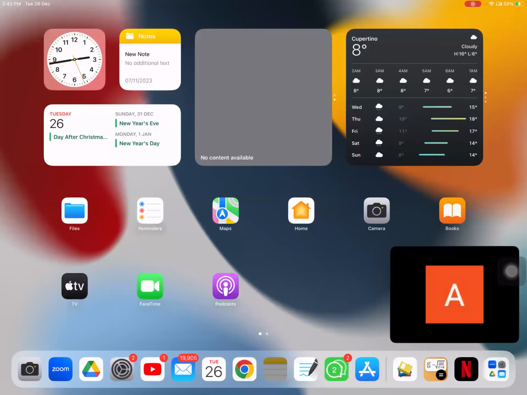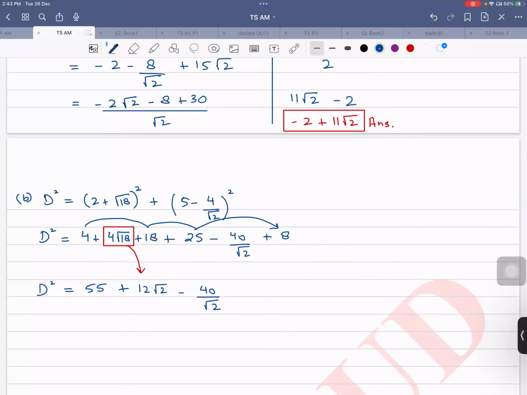All right, now what? LCM or rationalization first? Let's rationalize first this time. Sir, are you sure that you're getting 55 and not 45? Oh, wait, no, it's 18. Okay, no, you're right. We can rationalize. Okay, let's rationalize first.